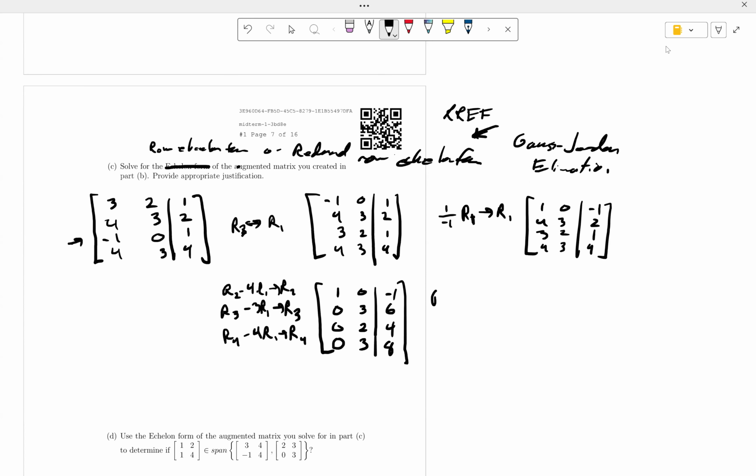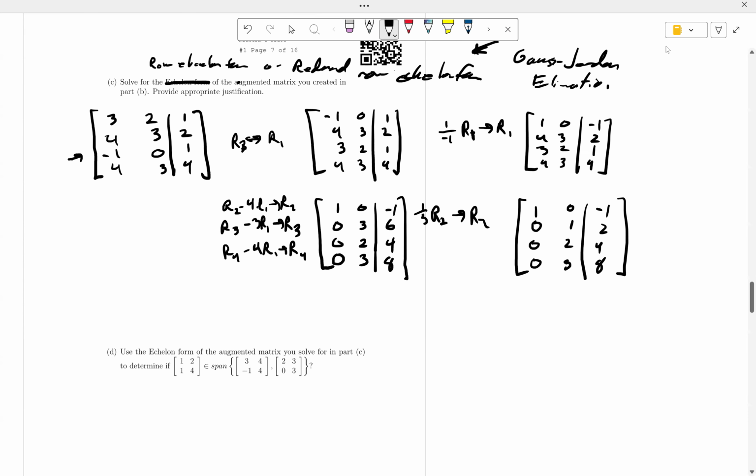Now I'm going to take 1/3 of row 2 and replace row 2 to give me 1, 0, -1, 0, 1, 2, 0, 2, 4, 0, 3, 8. Now row 3 minus 2 row 2 replacing row 3, and row 4 minus 3 row 2 replacing row 4.